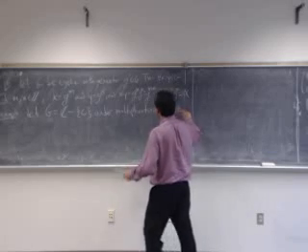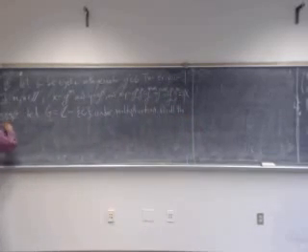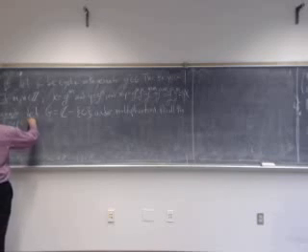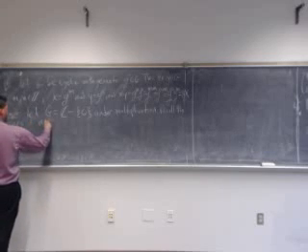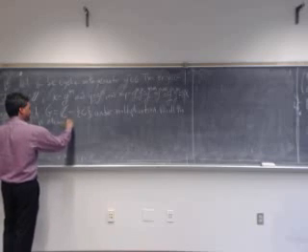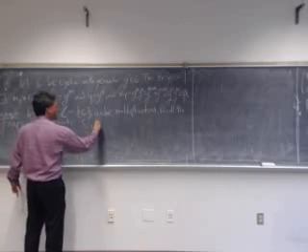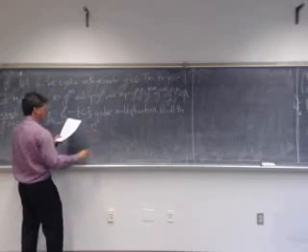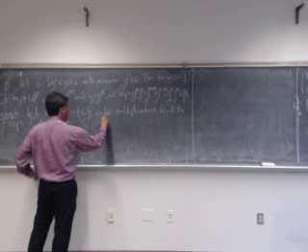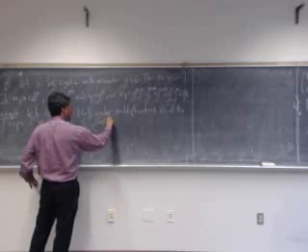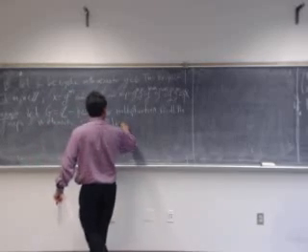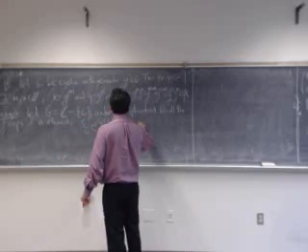Recall the group with n elements, which was e to the i 2 pi over n times k, where k went from 0 to n minus 1.